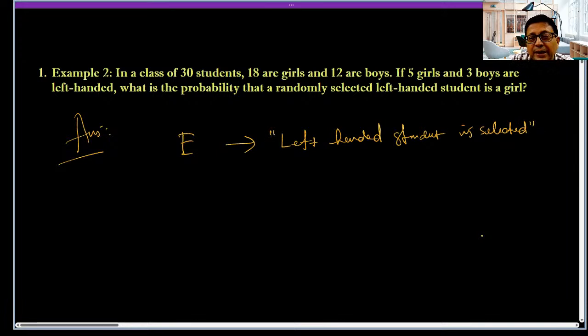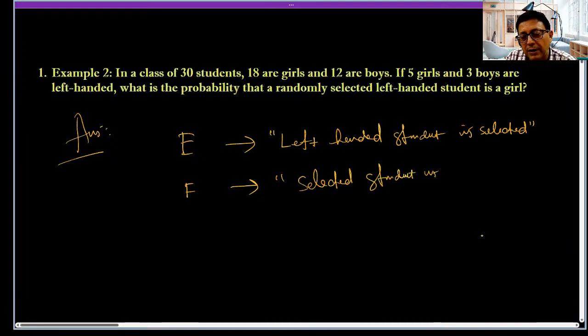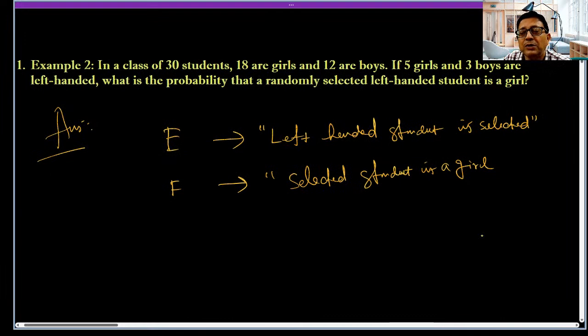F denotes the event that the selected student is a girl.